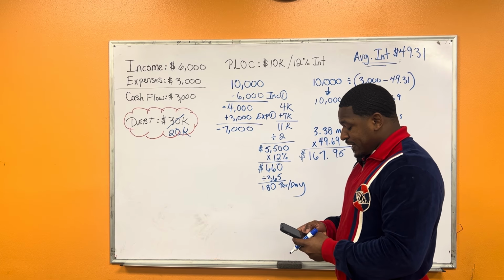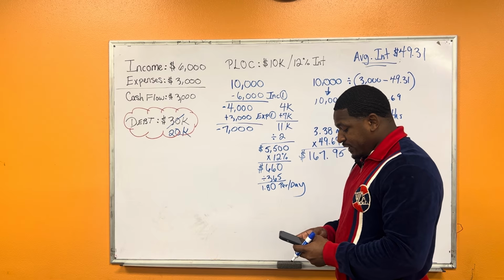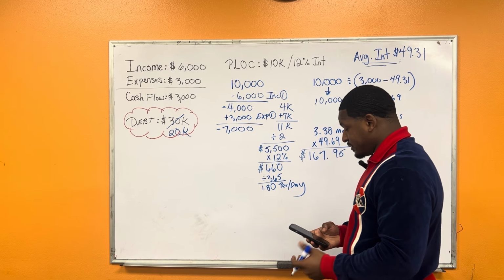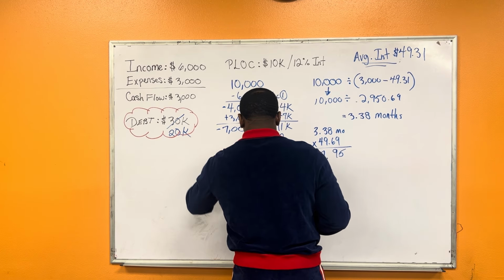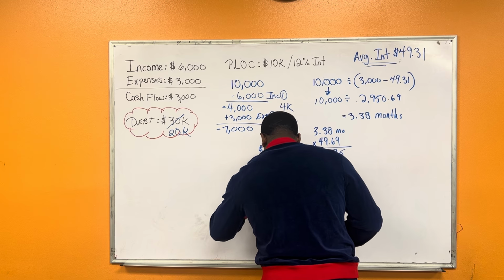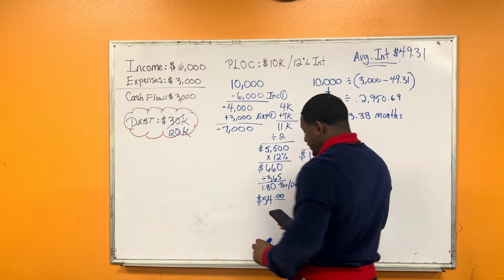So with that being said, we do $1.80 times 30. That'll be $54. Right?